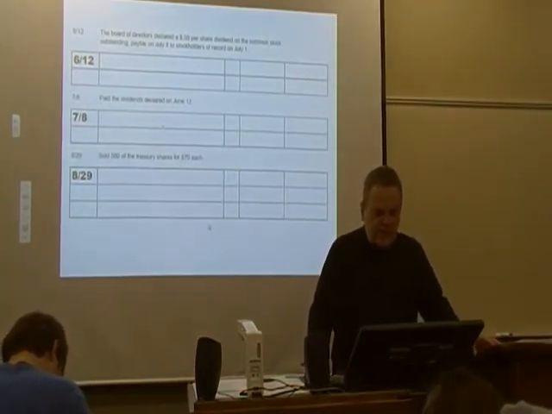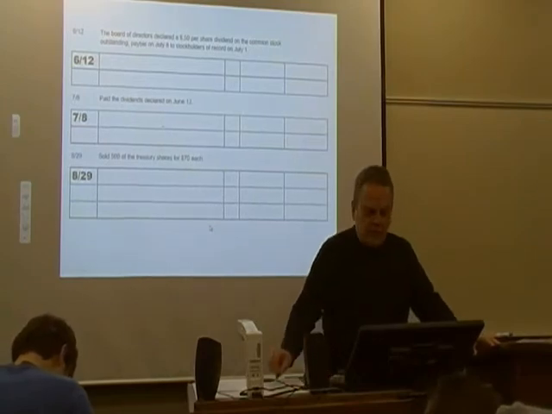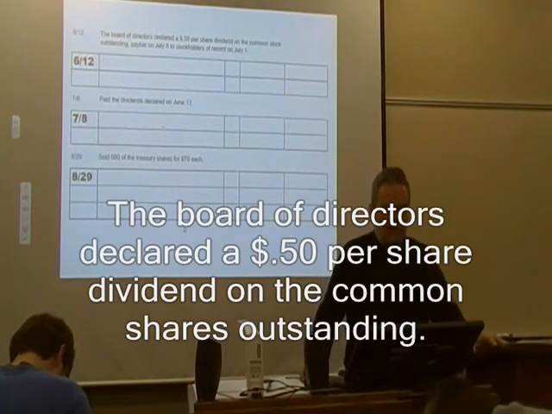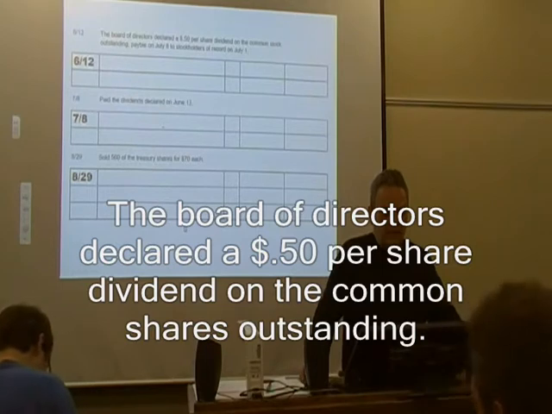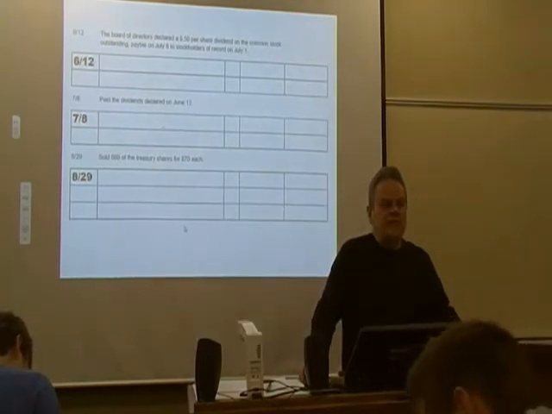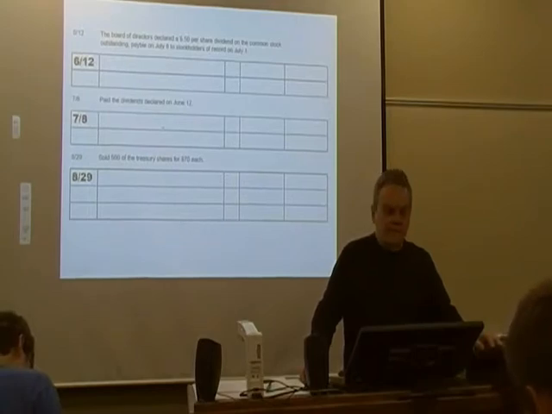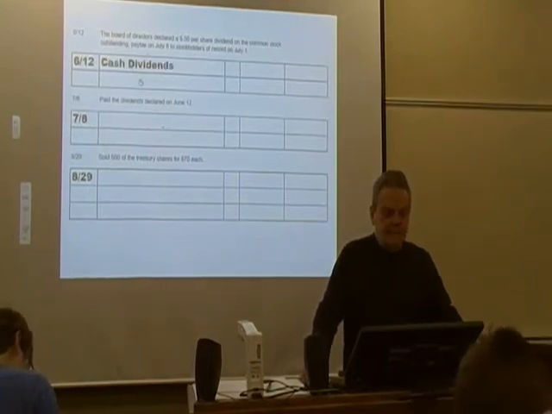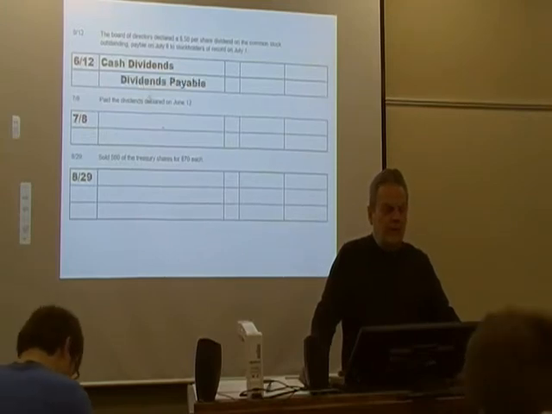The board of directors declared a 50-cent per share dividend on common stock outstanding, payable July 8th to stockholders of record July 1st. I need a volunteer and I need them fast. David. Cash dividend, debit, and dividend payable. Good, real good. Have we been here before, David?